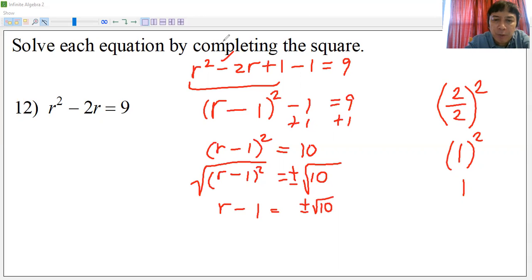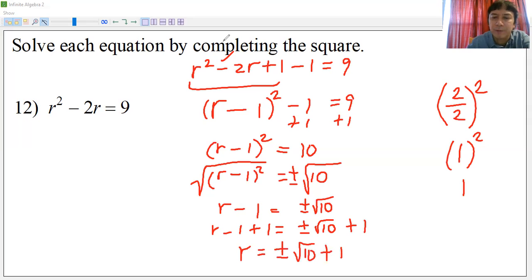So this will become r minus 1 equals plus or minus square root of 10. We're going to add 1 here to cancel the negative 1, and add 1 over there. So r is equal to plus or minus square root of 10 plus 1.